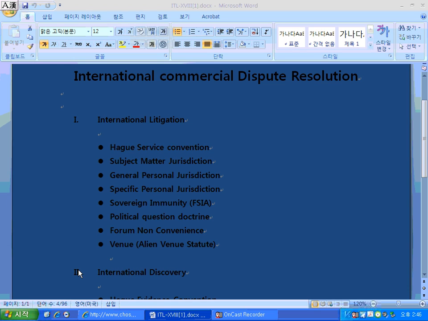So actually the jurists often face some practical difficulty for the production of evidence or subpoena of witnesses. How can they make a valid service of process to initiate their civil actions?